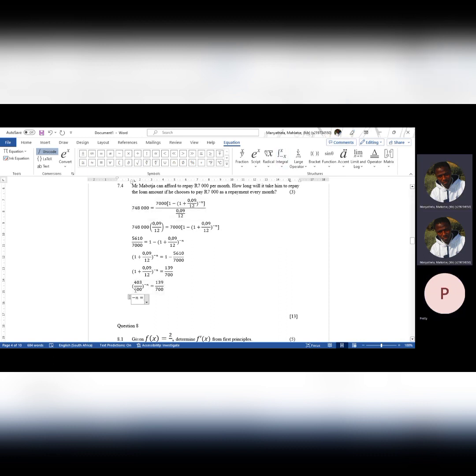This one is treated as a base and this one as a power.